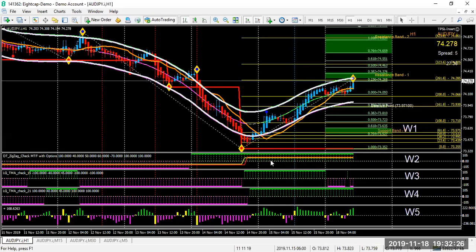As well as that, we've got our current highs and current lows, and we're also guided up to the daily candle shading.